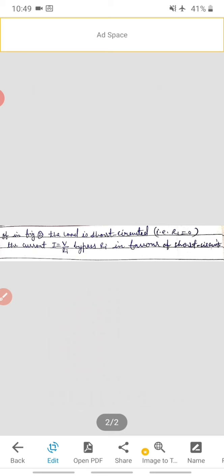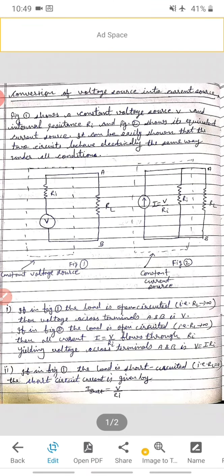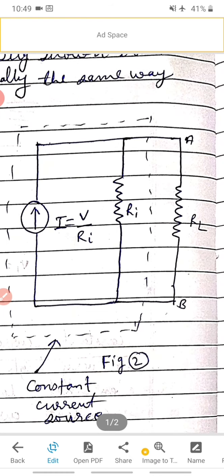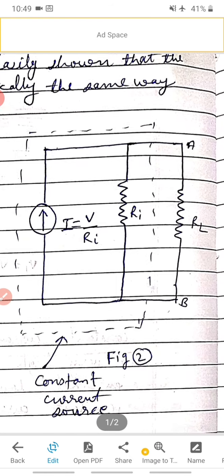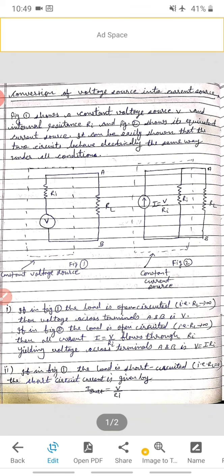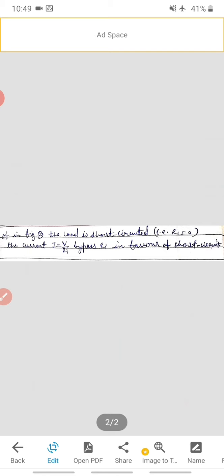Short circuit means RL equals 0, then the current I equals V upon Ri, bypass Ri in favor of short circuit.